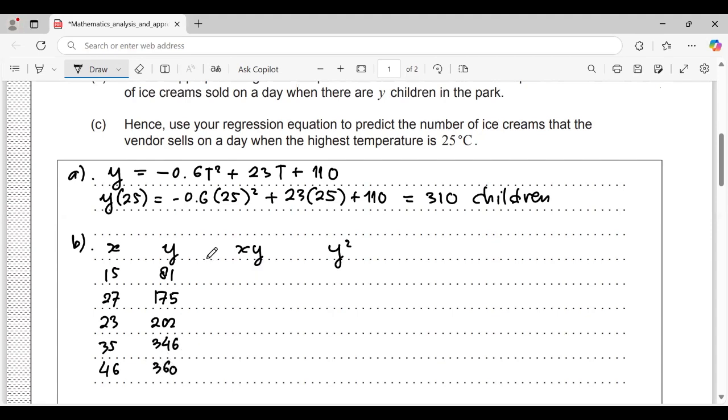X times y: 15 times 81 is 1215. 27 times 175 is 4725. Then 4646, then 12110, then 16,560.